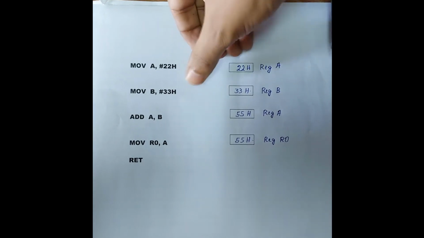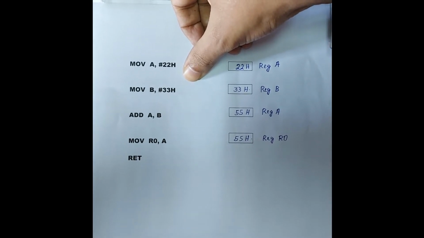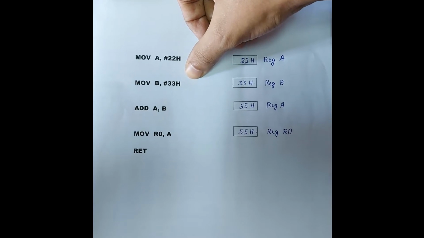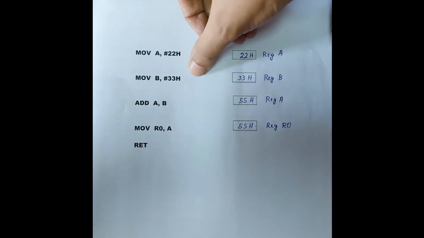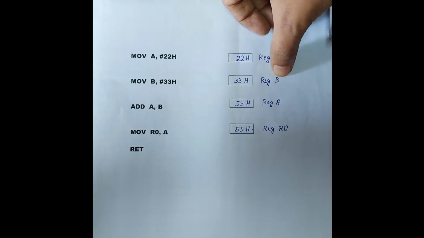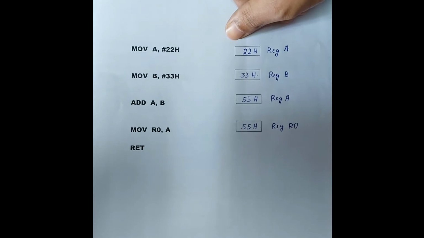After that, we are storing another data 33H in register B. So the instruction is MOV B, hash 33H, and you can see that the 33H will be stored in register B. After that, we are performing the addition.